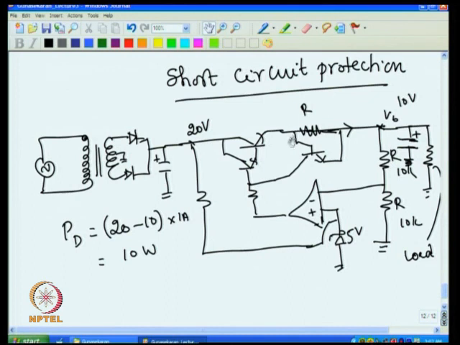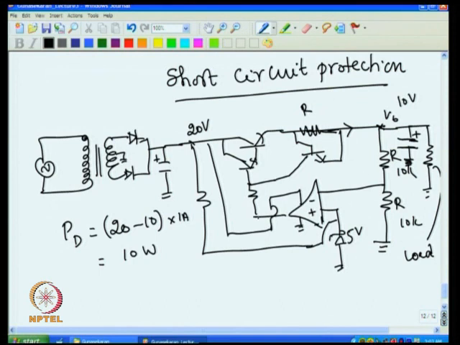If it goes to 0.7, then an enormously large current will flow through this, and that will develop a large voltage across this, which makes the voltage at this point less. Once the short occurs, the op amp output voltage goes to 0 and this is already high, so this puts a high voltage. That high voltage normally depends on the supply given to this. Normally the supply given to this is this, so in this case it is 20 volt.